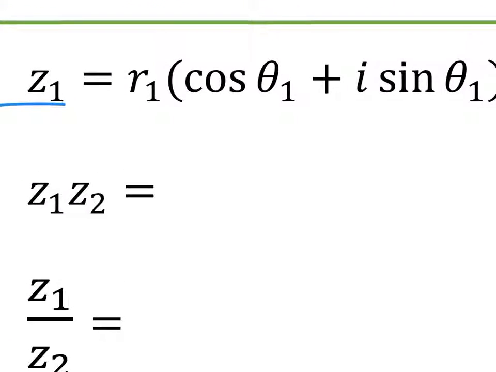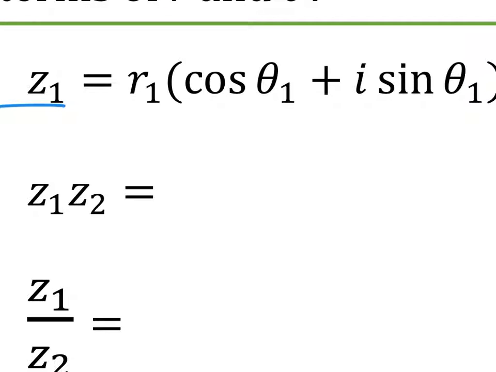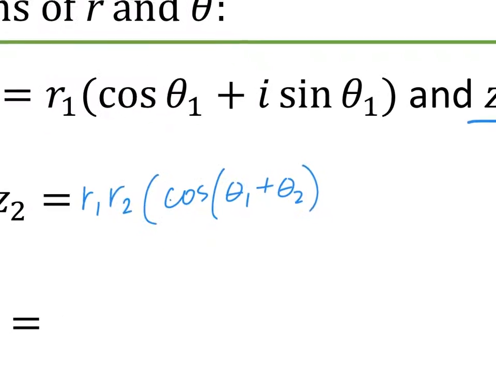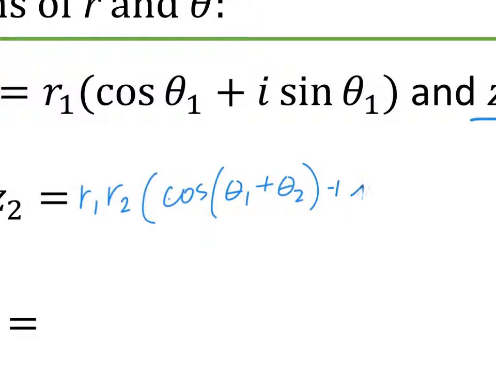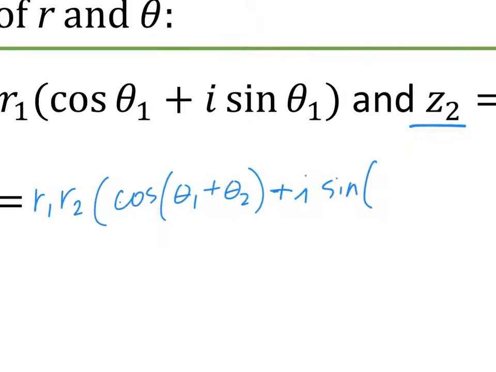So z1 times z2, it's very easy. It is r1 times r2. So take the radius of both, multiply them together, and then cosine of the first angle plus the second angle, plus i sine of the first angle plus the second angle.